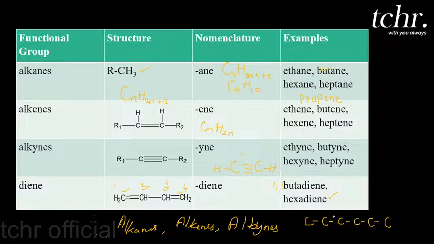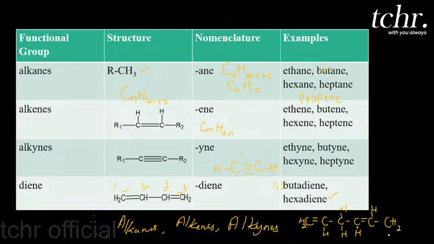Now for example, if I add double bonds between any two carbon atoms for the diene and satisfy with the number of hydrogens, it will be CH2, CH, CH2, right? Count the number of bonds, CH, CH2.